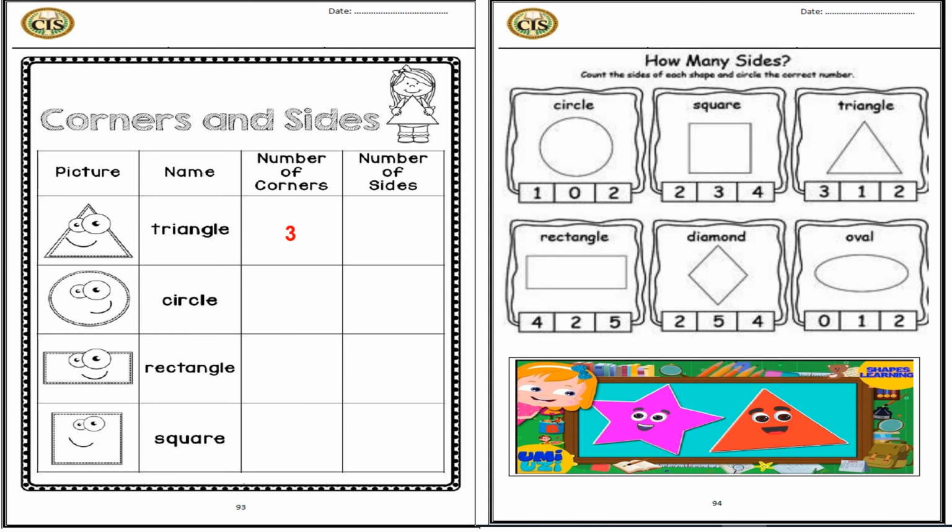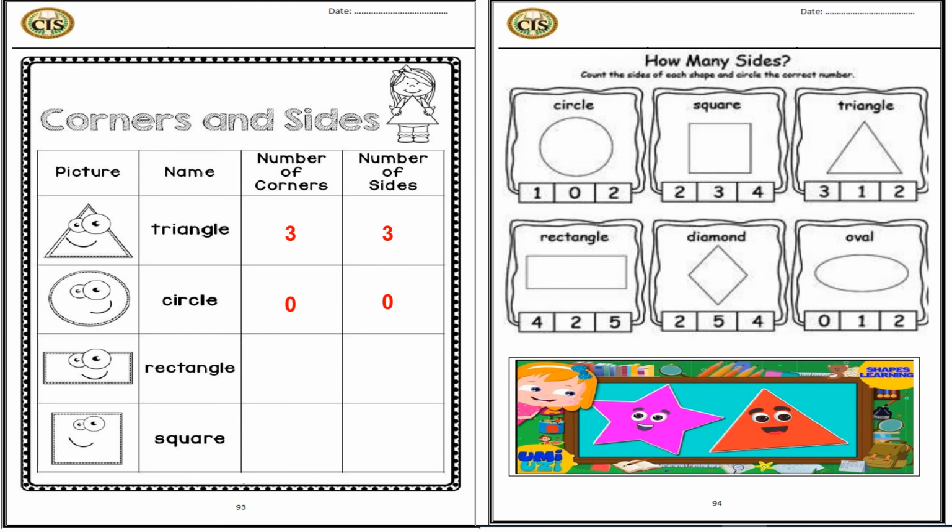And the number of sides in the triangle is also 3. Then the second shape, we call it circle. How many corners? We call the shape Mr. Zero. So we have 0 corners. And how many sides? 0 sides.